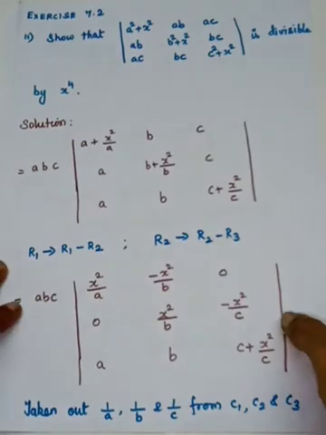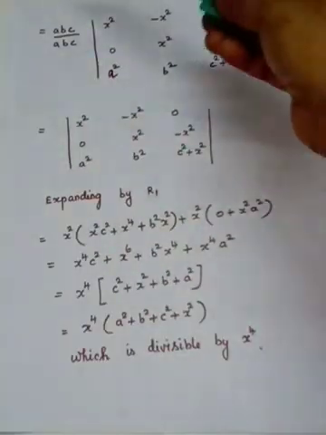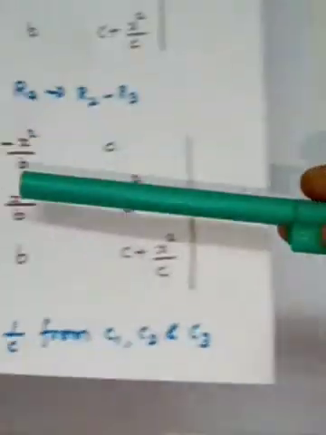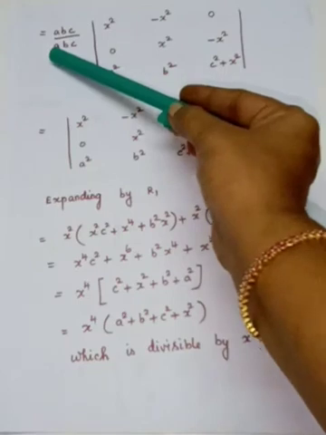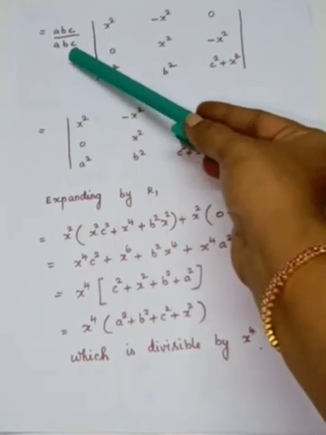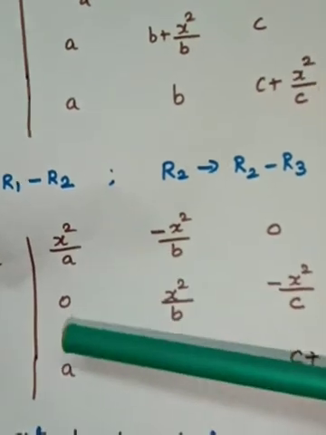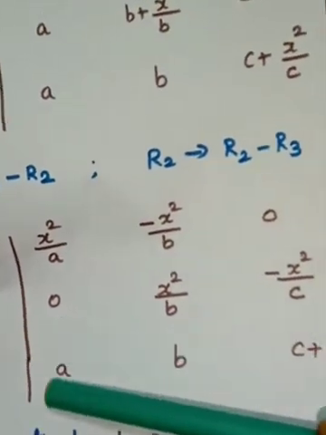You see now here already in the numerator you will have abc. So from C1, if you are taking 1 by a out, in the denominator you will have a, and from C2 b, and from C3 1 by c has to be taken out. So it is abc by abc. Here you will have x², 0, a².